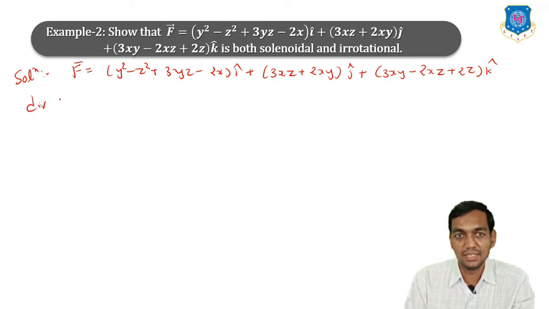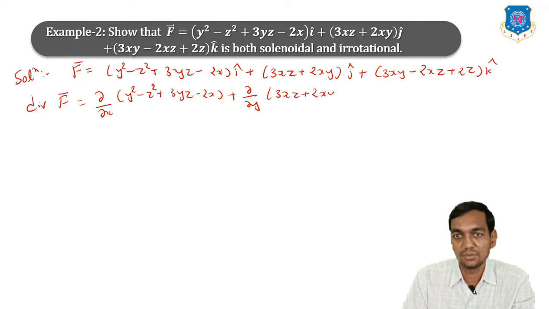So first we find the divergence of f bar, that means del by del x of (y square minus z square plus 3yz minus 2x) plus del by del y of (3xz plus 2xy) plus del by del z of (3xy minus 2xz plus 2z).